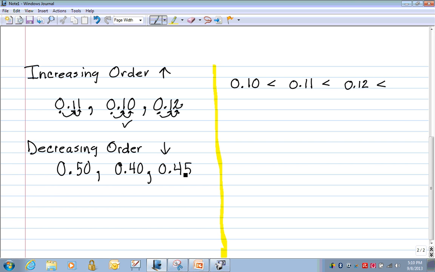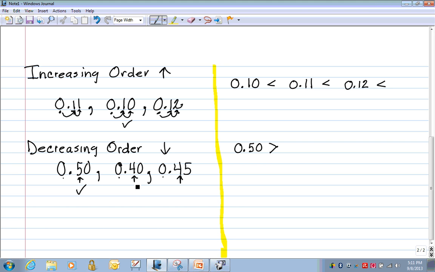Now remember, when I go in decreasing order, I'm starting with the largest number. So comparing again, we have 0, 0, 0, 1s. If I go to the 10th place value, I see a 5, a 4, and a 4, and I know 5 is bigger than 4, so that would be my first number, 0.50. And that number is greater than one of these two numbers.